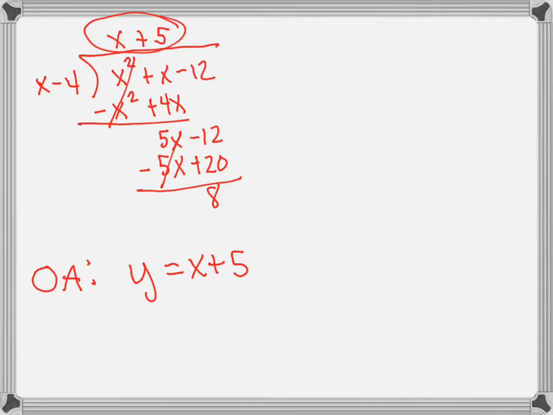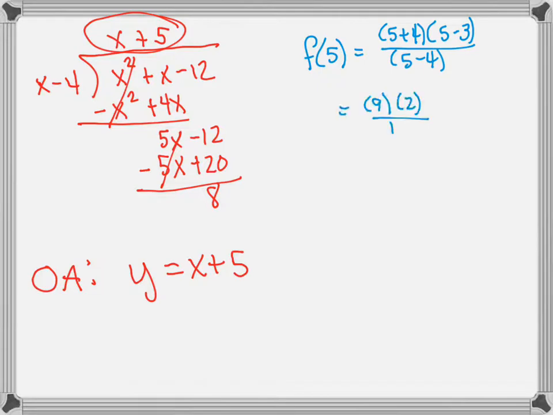Where we have room here, let's calculate f of 5. Substituting in 5 for x, we have 5 plus 4 times 5 minus 3 over 5 minus 4, which is 9 times 2 over 1, or 18. So we have a point at 5, 18, which is way above our graph.